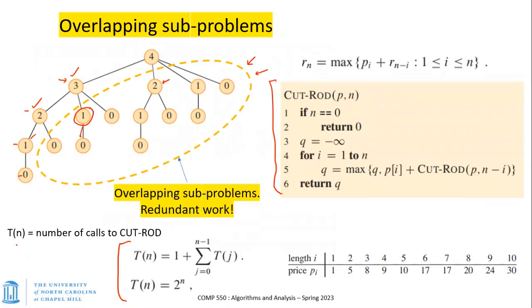If we say T(n) is the number of calls to cut rod, and this is for the non-memoized solution, then T(n) is essentially an arithmetic series, and it comes out to be 2 to the power n, which is pretty bad, or as bad as you can get, besides going for something like n to the power n.